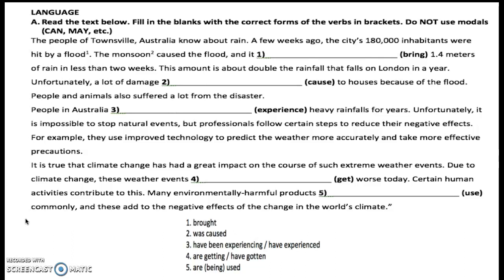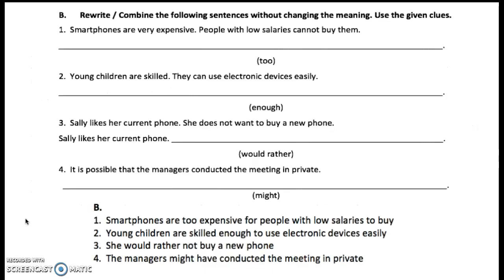5. Products cannot use themselves. Somebody uses them. Therefore, you need to use a present tense passive structure here. Part B, number 1.